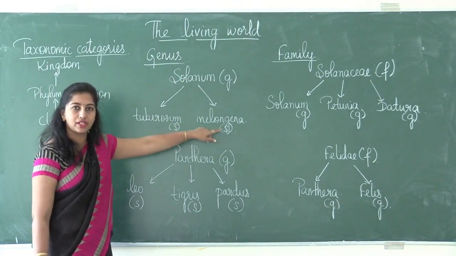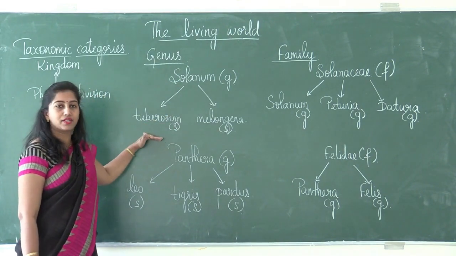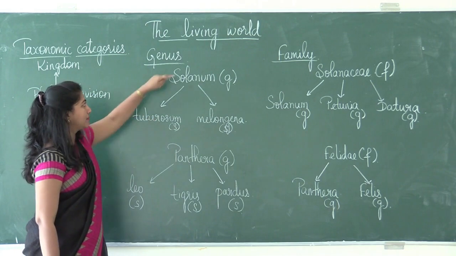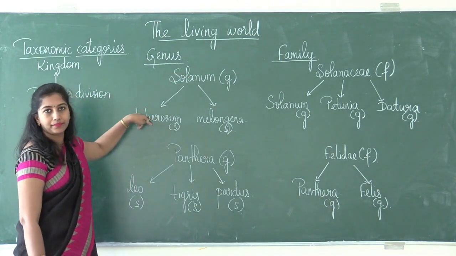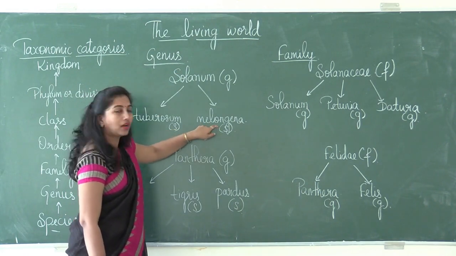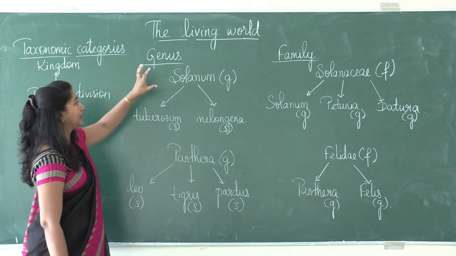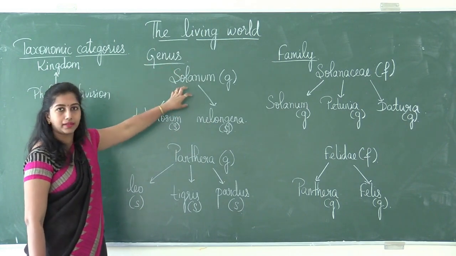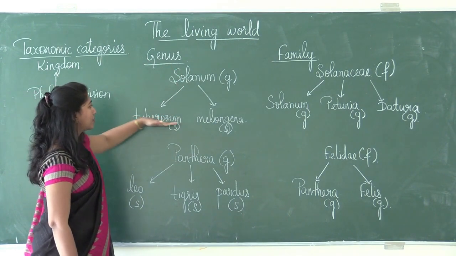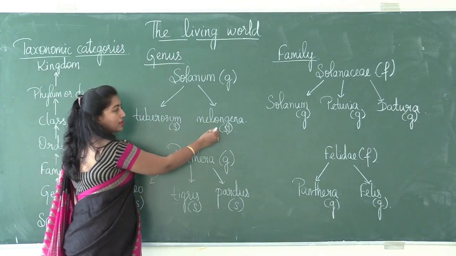We take 2 species as an example here, which we studied previously: Solanum tuberosum, which is potato, and Solanum melongena, which is brinjal. If you see the scientific name, the genus Solanum has these 2 species, tuberosum and melongena.